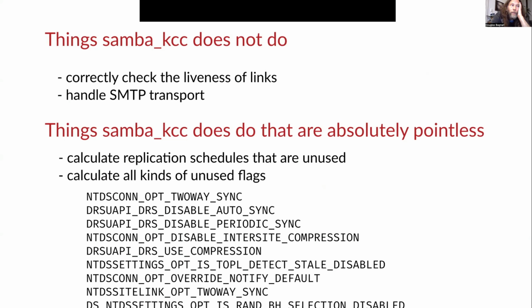And because at this level, we're not talking about client things that users use, it's the interoperability. It's just whether you're making a link to the other DC, or you're letting them know about each other. It doesn't really matter if we follow all of the weird little things like this two-way sync and stuff like that. There's a huge long list of these kinds of flags that we set and fiddle with.